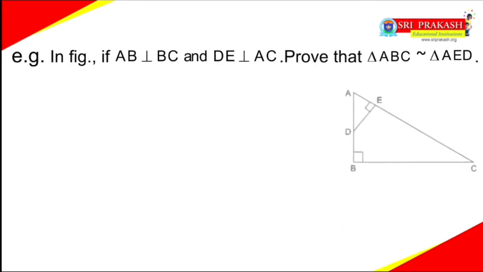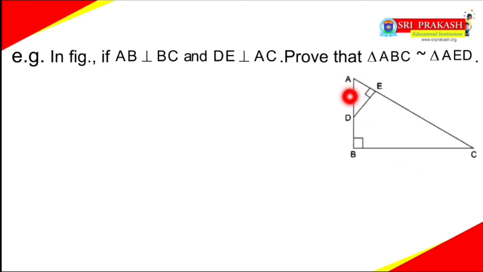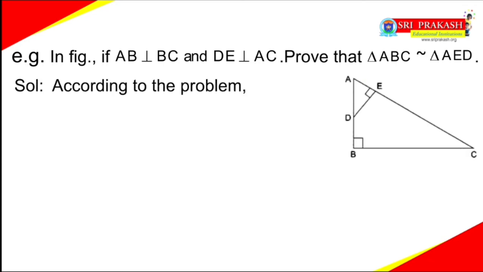Next, in the figure, if AB is perpendicular to BC and DE is perpendicular to AC, prove that triangle ABC is similar to triangle AED. Let us start. Children, according to the problem, AB is perpendicular to BC and DE is perpendicular to AC.